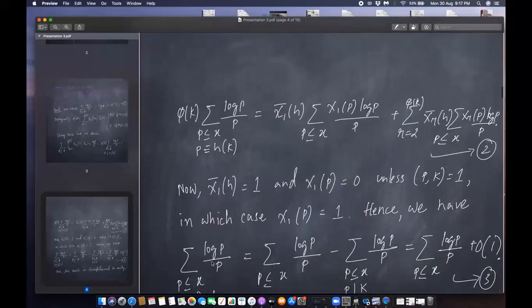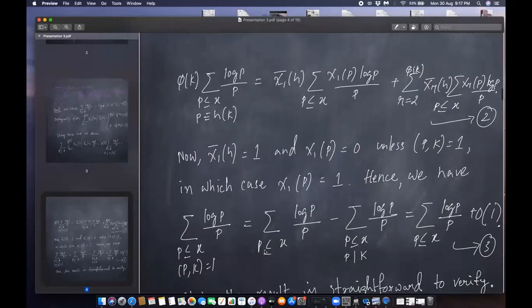So here we will do exactly the same. If we consider this sum of log p by p, it will be exactly equal to the sum over all the primes p less than or equal to x, minus those primes which divide k.